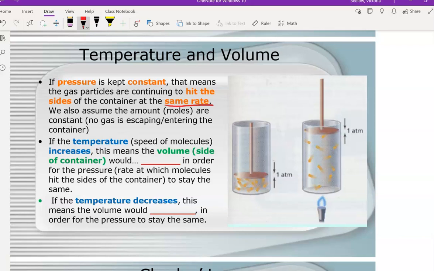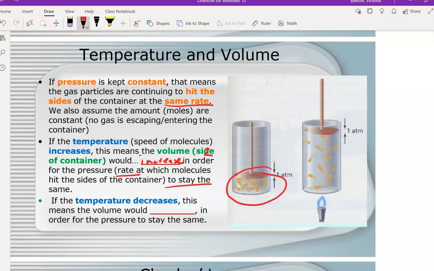If the temperature increases, meaning the speed of the molecules increases, this means the volume, not the side of the container, the size of the container, that's what this should say, would increase in order for the pressure, the rate at which the molecules are hitting the sides of the container, to stay the same.